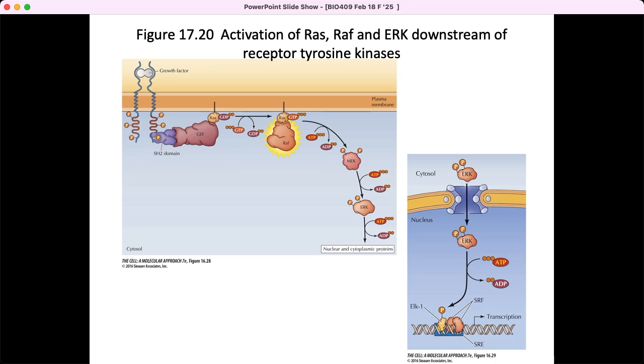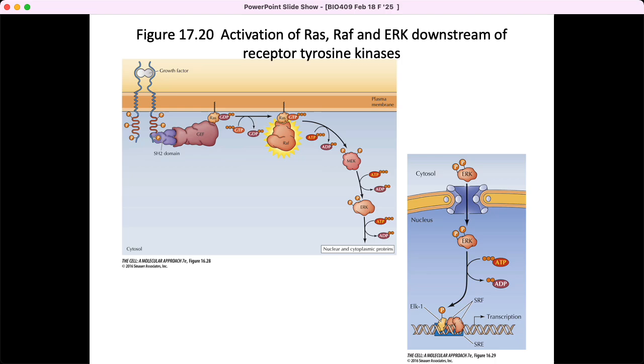Proteins can be phosphorylated on only 3 amino acids: tyrosine, serine, and threonine. Serine and threonine kinases are very common, tyrosine kinase is less common. So it's a receptor that has tyrosine kinase activity, which is surprising to see.